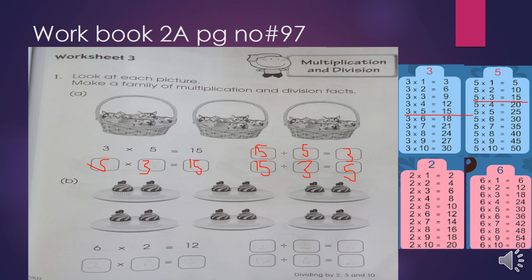When we divide into the 3 equal groups, in each group there will be 5. When 15 comes in 3 table, I have already underlined that 3 5s are 15. So this is how we have to solve it, and this is how we have to make a family of multiplication and division facts.